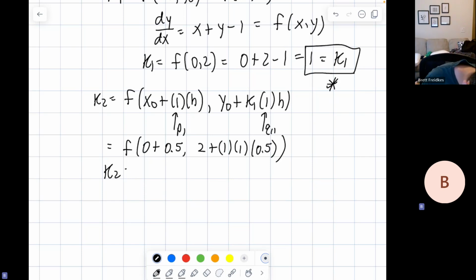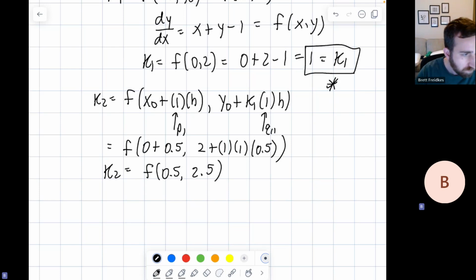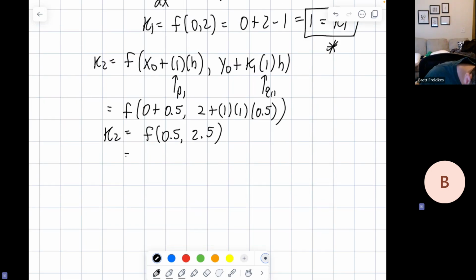So k2 will be the slope of the function at 0.5, 2.5. So that's the slope we want to find. Knowing that our slope, f of x, y, is x plus y minus 1, we can plug in our x value, our y value, and subtract 1. We get that k2 is equal to 2.